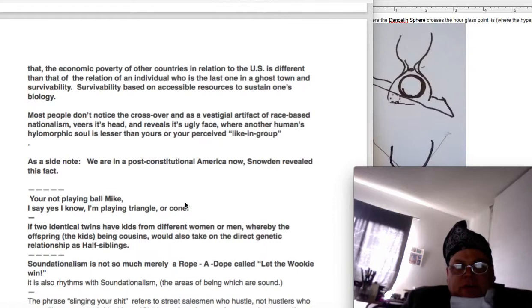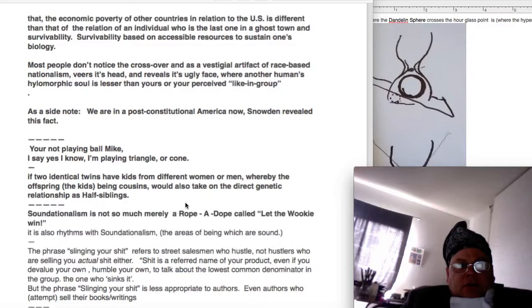Survivability based on accessible resources to sustain one's biology. Most people don't notice the crossover and are a vestigial artifact of race-based nationalism, which veers its head and reveals its ugly face where another human's holomorphic soul is lesser than yours, or you're perceived like in-group.